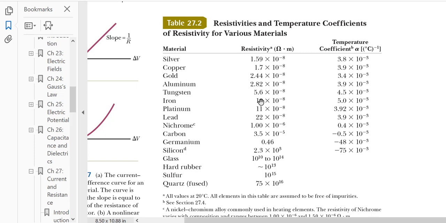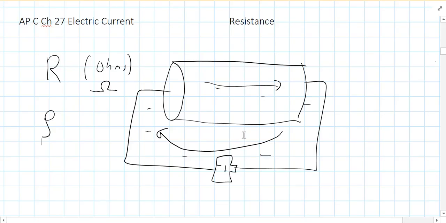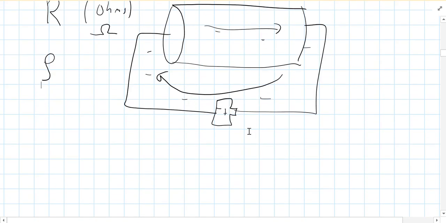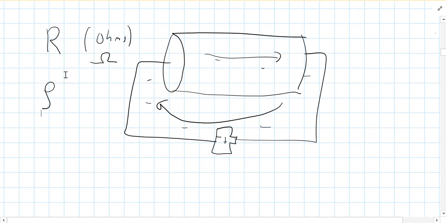Iron has a resistivity of 10 times 10 to the negative eighth. So iron has a lot more resistance than copper, meaning that it's harder for electrons to travel through iron than through copper. Now, the units for resistivity, I'm going to give that to you in a second. It was in that chart if you looked at it, but I'm going to get the rest of the equation first.